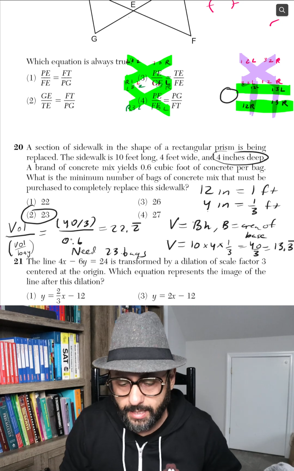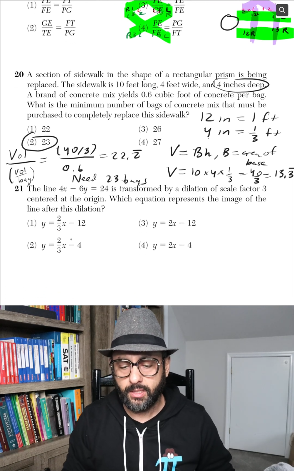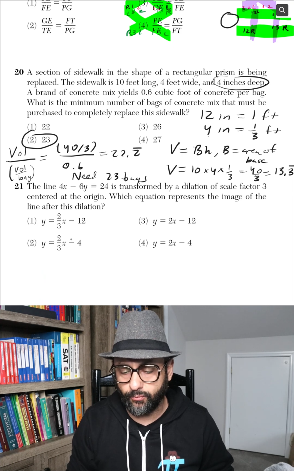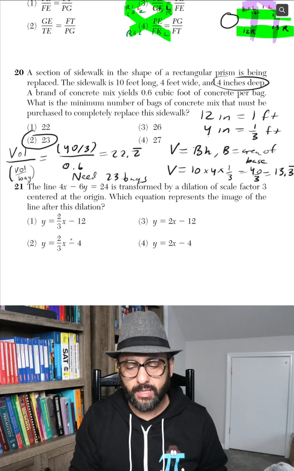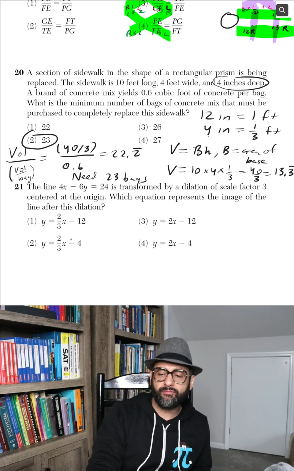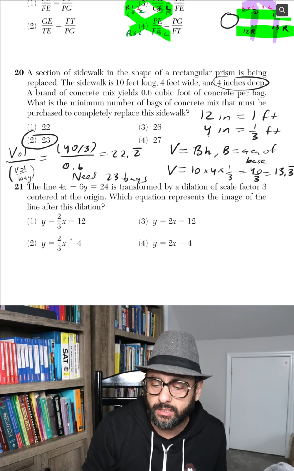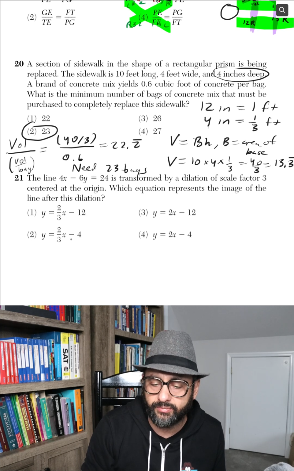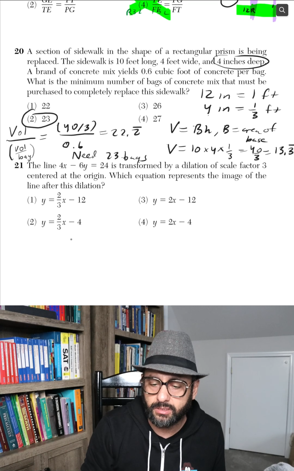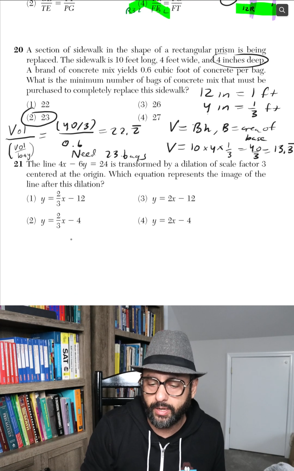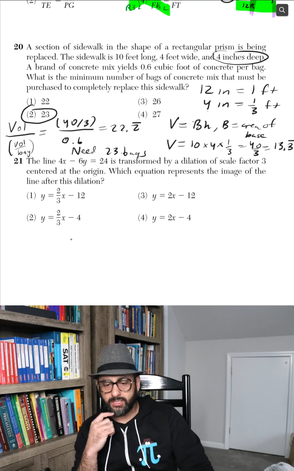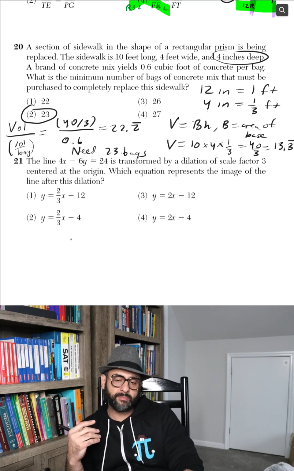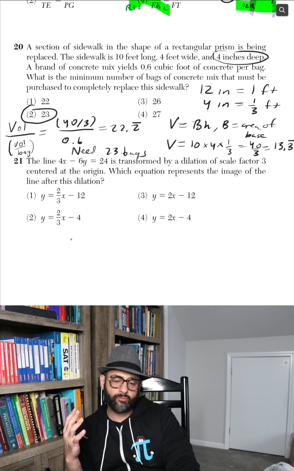Okay. Now, number 21, the line 4x minus 6y equals 24 is transformed by a dilation of scale factor 3 centered at the origin. Which equation represents the image of the line after this dilation? Is it y equals 2/3 x minus 12, or y equals 2/3 x minus 4, or y equals 2x minus 12, or y equals 2x minus 4?